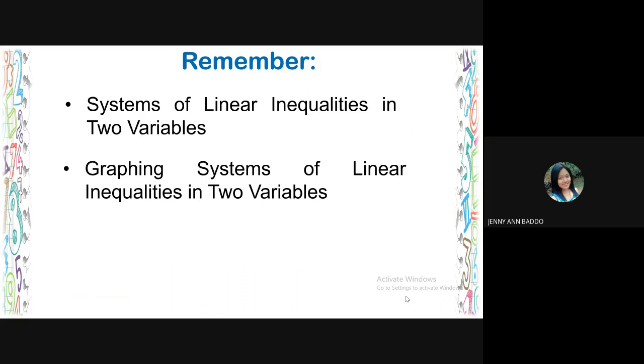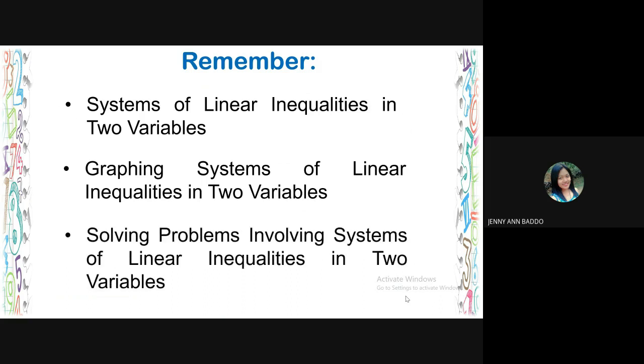Second, determine the intersection of the graphs of the inequalities, or the region where the graphs overlap, the double shaded region, because that is where the solution of the system of linear inequalities is found. Last step, pick a test point from the region to verify your solution.